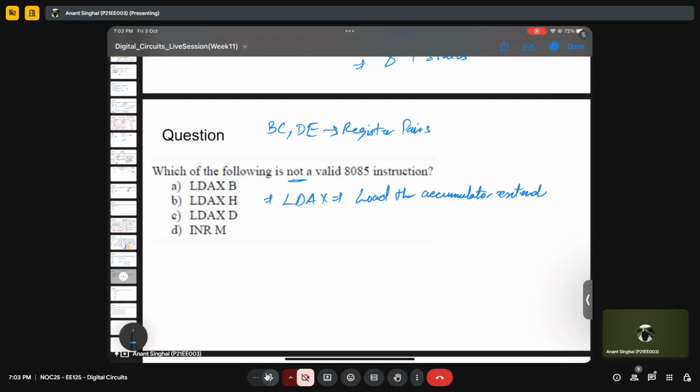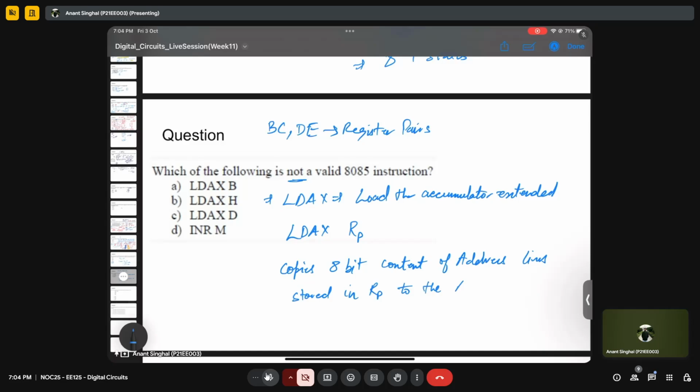So if I write in general, it will be LDAX and you need to write any register pair here so that it works. It basically copies the 8-bit content of the address which is stored in the register pair RP to the accumulator.